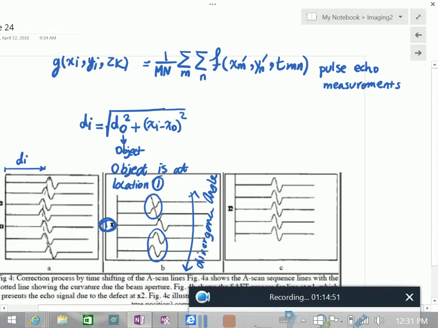So at every position inside, you look to see how many rays are arriving there, and you get the amplitude, and this is the summing up. If they sum up, you get a high reflection. If they don't sum up, you get a small reflection.